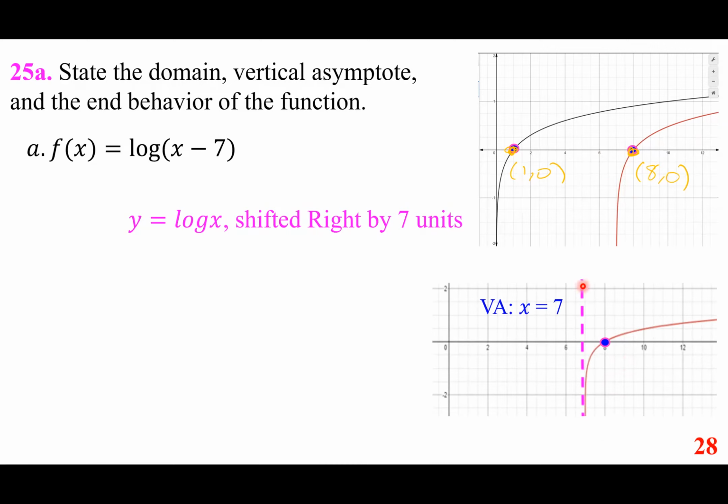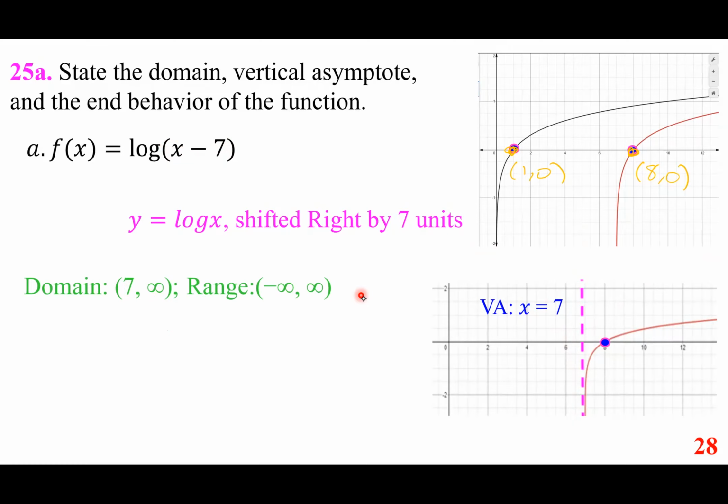Vertical asymptote, it was the y-axis, or x equals 0, and now it has shifted to the right by 7 units, x equals 7. Simply put this expression equal to 0, x equals 7 is your VA, short for vertical asymptote. So the domain has changed to 7 comma infinity, and the range is the same.